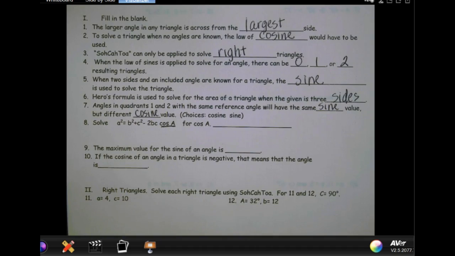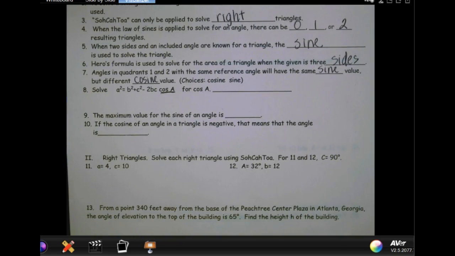Okay, we'll move on. The maximum value for the sine of an angle is? What's the maximum value for the sine? All right, the maximum value for the sine of an angle is?